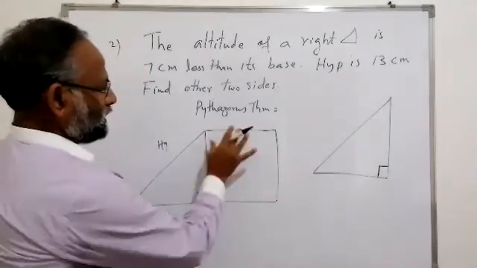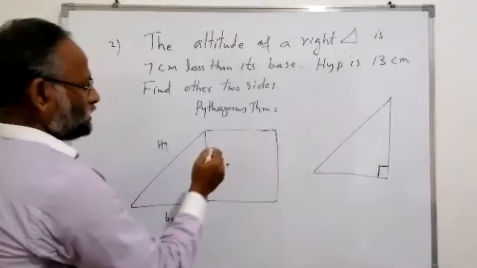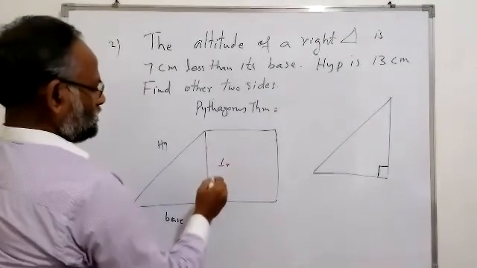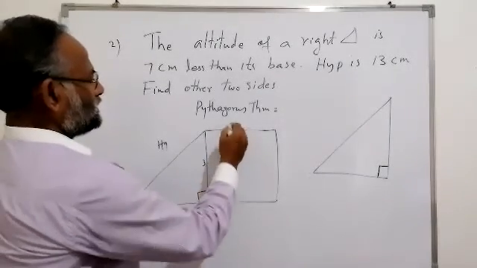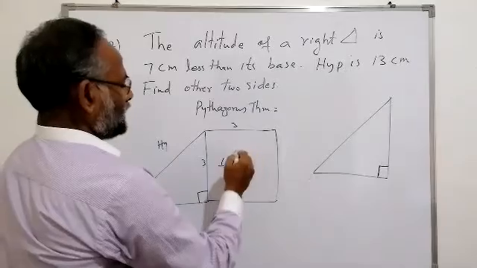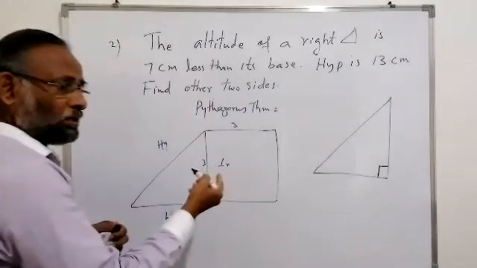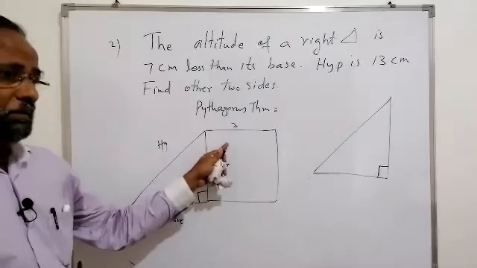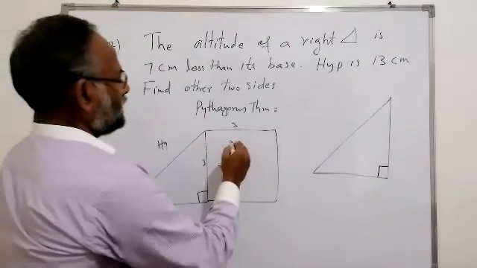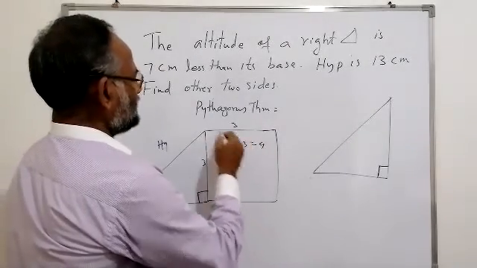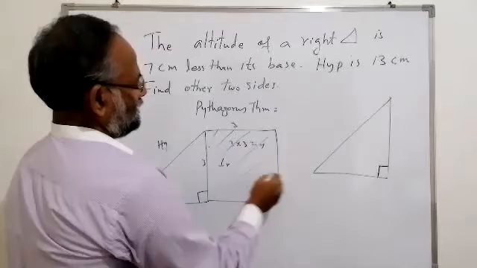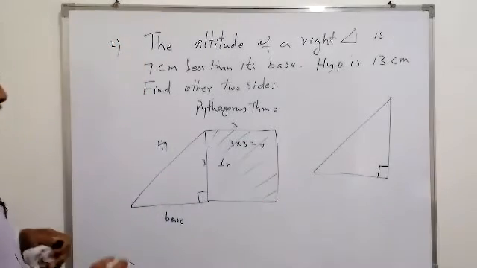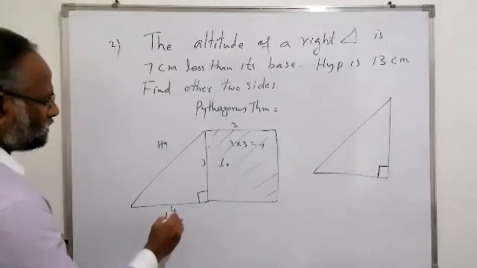Another, this is perpendicular square I am making. Suppose this is 3. 3 into 3, area of this square of the perpendicular, that means 3 into 3, that is 9.